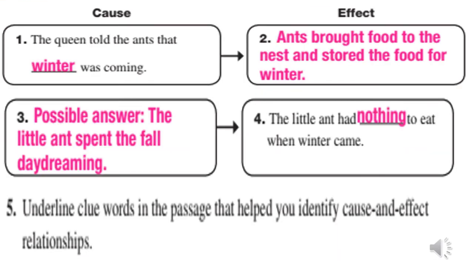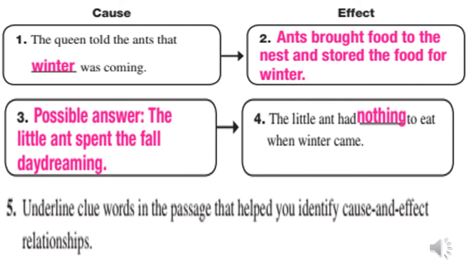The answers are: Number 1. Cause. The queen told the ants that winter was coming. Number 2 is an effect. Ants brought food to the nest and stored the food for winter. Number 3 is another cause, and it could have different answers, like the little ant spent the full day dreaming. And number 4 is another effect.